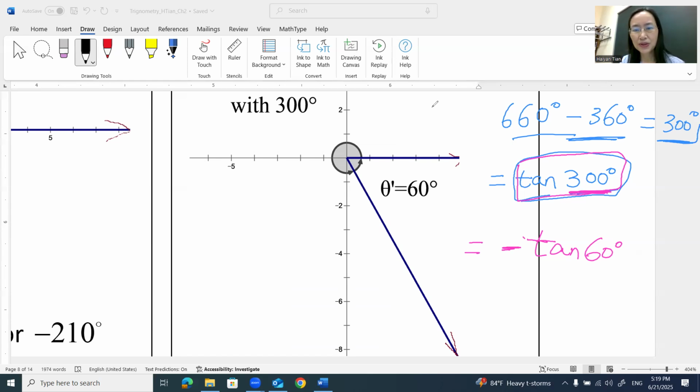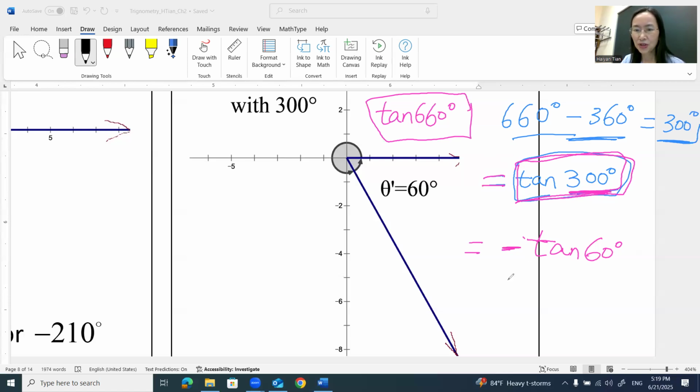So we start with the given problem, tangent 660 degrees. And then we want to convert this into a problem that is a tangent of a coterminal angle, that is 300 degrees, which is coterminal with 660.